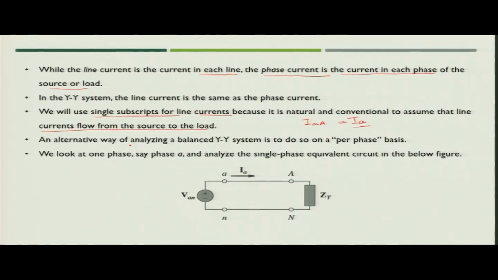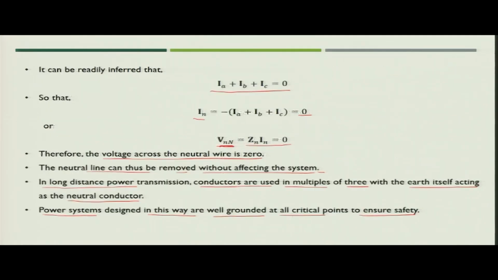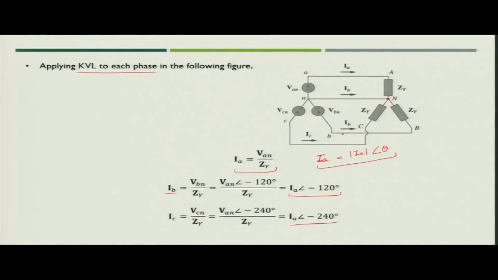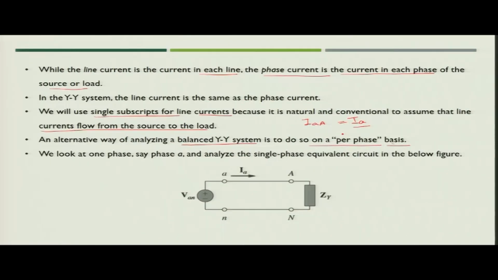Now, an alternative way of analyzing the balanced star-star system is to convert it into per phase, because the system is completely balanced. You can convert the 3-phase system to its equivalent single phase system. When you convert the 3-phase system which we are discussing, you get the equivalent circuit as shown in the slide.